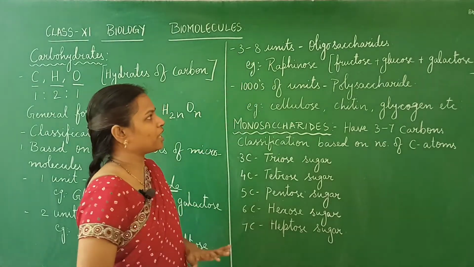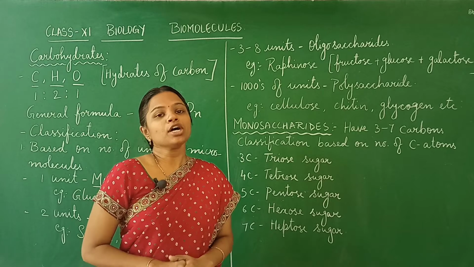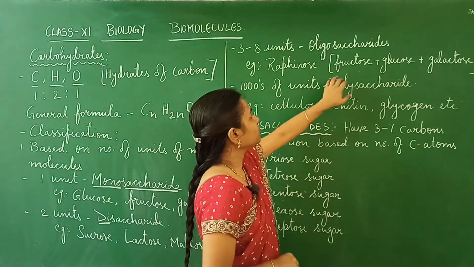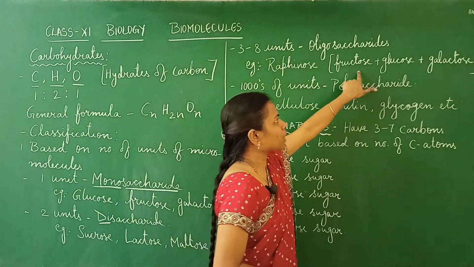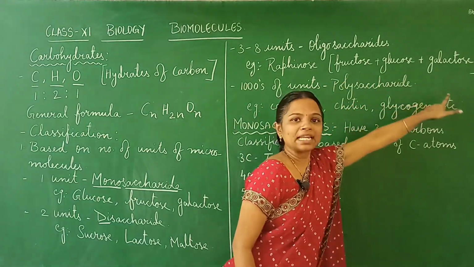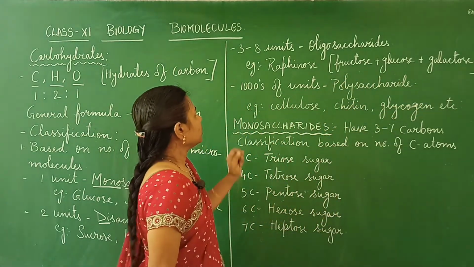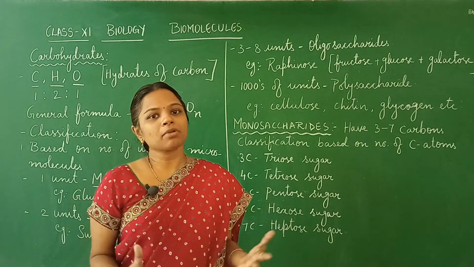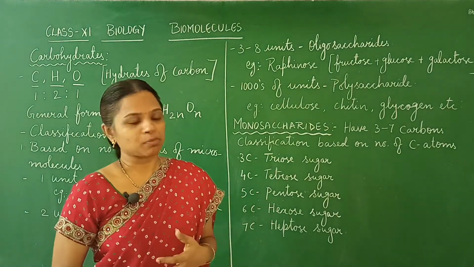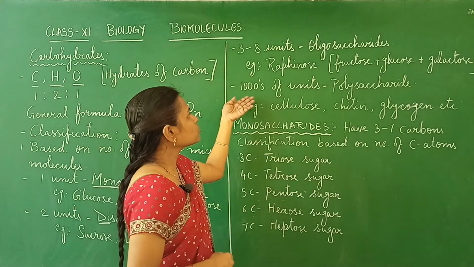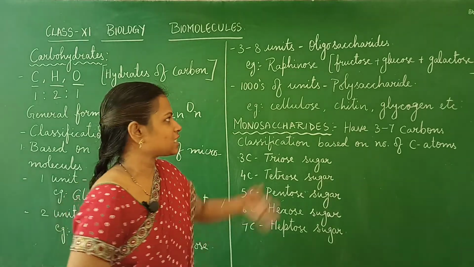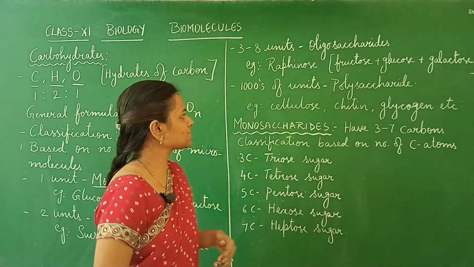It is made up of 3 units of micromolecules: fructose, glucose and galactose. Now, there may be larger numbers of units which make up carbohydrates. Thousands of units may be there and they are called polysaccharides. Poly means many.